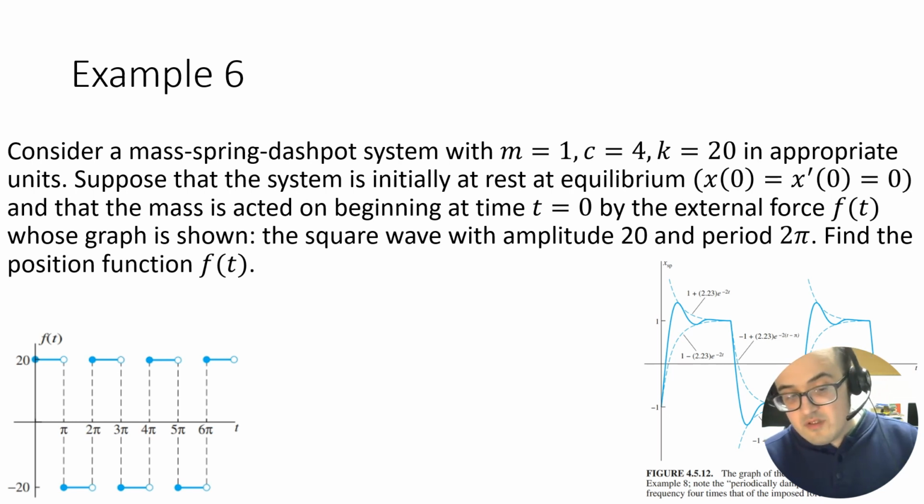We want the square wave with amplitude 20 and period 2 pi, which is what that's attempting to show. And we want a position function, which you can see in the graph on the bottom right.